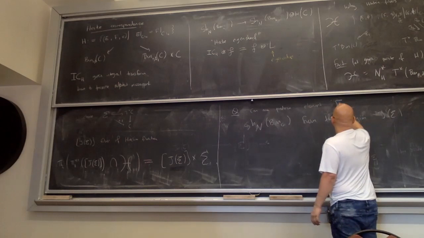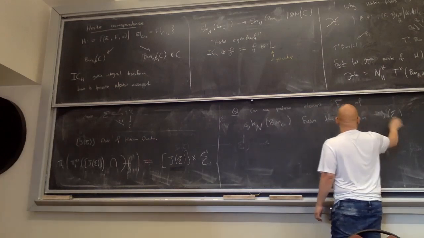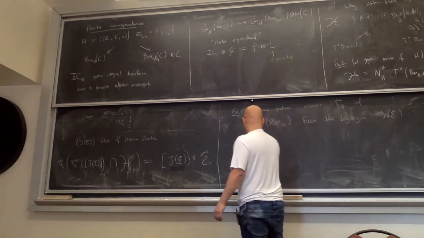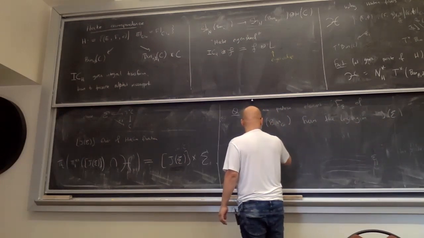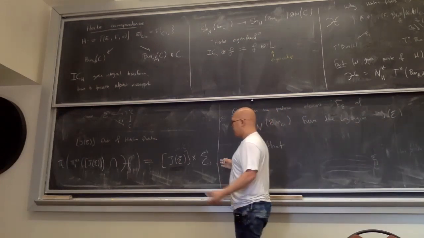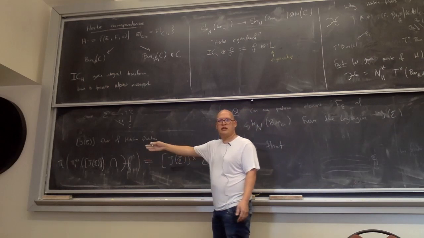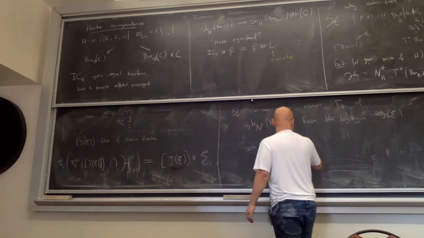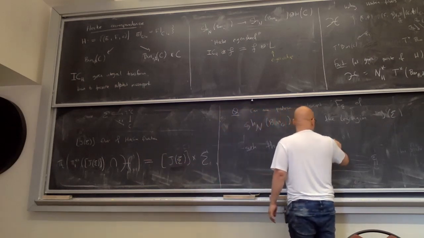Let's call it F sigma, an element F sigma of this thing, such that perhaps because of this reason, F sigma is an eigensheaf.